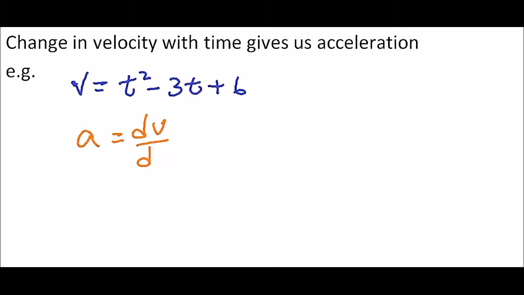So from there we differentiate our expression of v. This will give us 2t minus 3. So that is how we get acceleration, by differentiating the expression of velocity, or we say acceleration is the change in velocity with time.